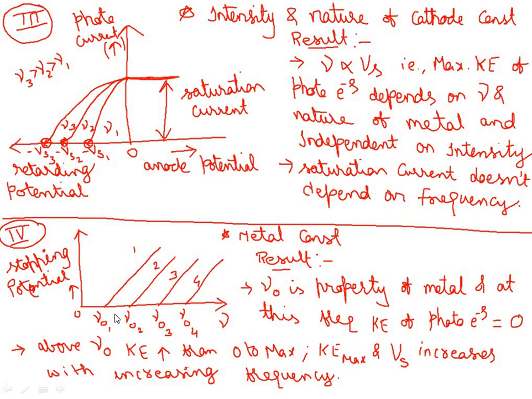What do you mean by the threshold frequency? It is the minimum frequency required in order to exhibit the photoelectric effect, and that we have already discussed. Below that threshold frequency we cannot notice any photoelectric effect, and beyond that the kinetic energy will vary from 0 to maximum.